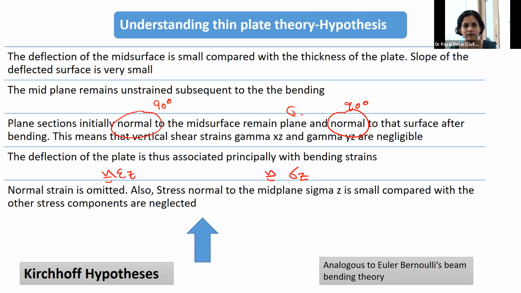So these are the basic understanding of the plate theory and the hypothesis, named after the person who developed it. We name it the Kirchhoff hypothesis, and it is analogous to Euler-Bernoulli beam theory. Except for the dimension part, the rest of the parameters will not change.